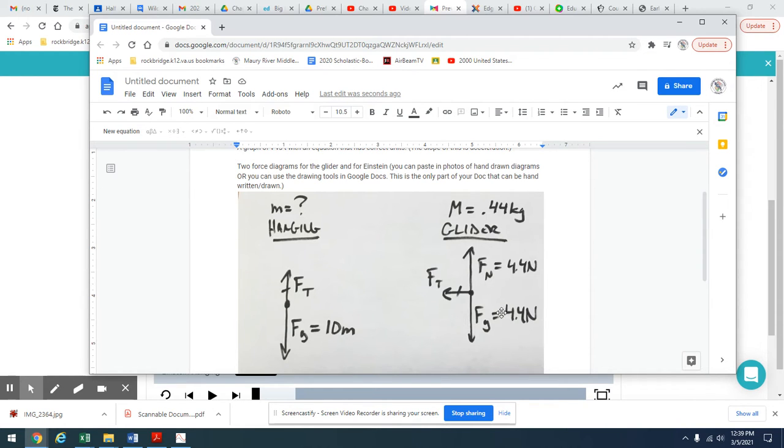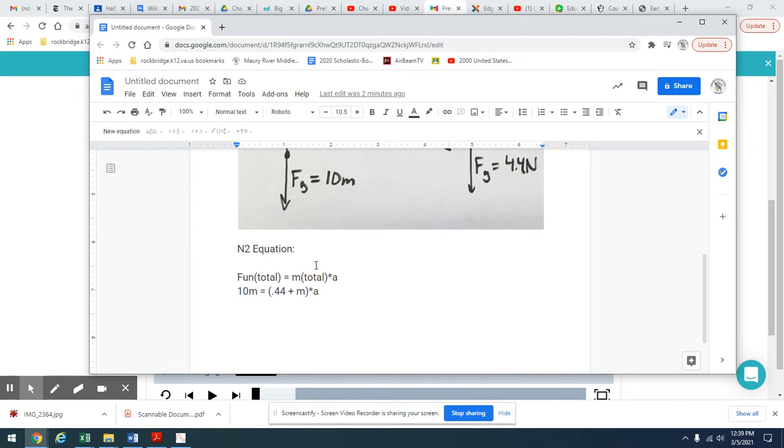On the glider, I've got the mass in kilograms is 0.44. So I'd have 4.4 newtons of gravity and 4.4 newtons of normal force. And then the tension pulling it off to the side here. So I also know my Newton's second law equation, if I use the method of just finding the totals, the total for a half Atwood's machine is just the force of gravity on the hanging one.